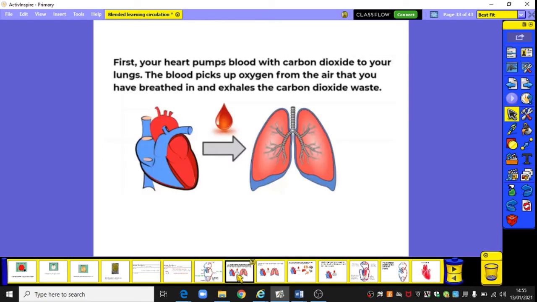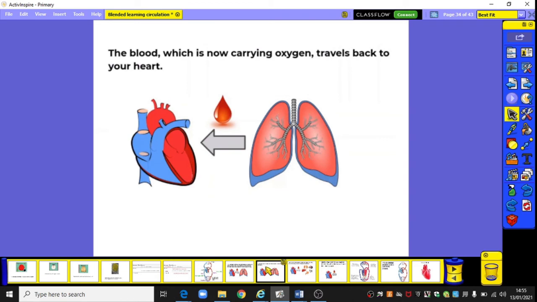So the first stage in the circulation system is that your heart pumps blood with carbon dioxide to your lungs. The blood then picks up oxygen from the air that you have breathed in and exhales the carbon dioxide waste out into the atmosphere.